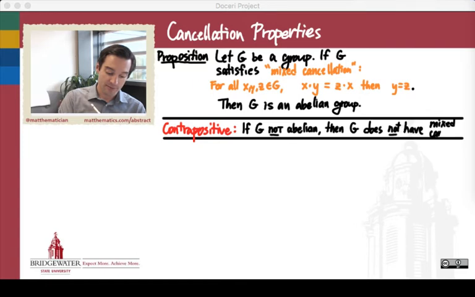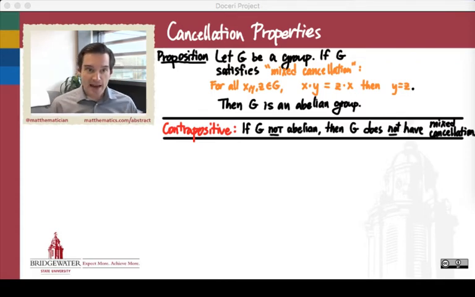So actually, this is interesting because it shows us that any non-abelian group that you can hand me on the street or anywhere, we're guaranteed to have at least one example of a mixed equation in that group with a common factor on both sides for which we cannot cancel that common factor.